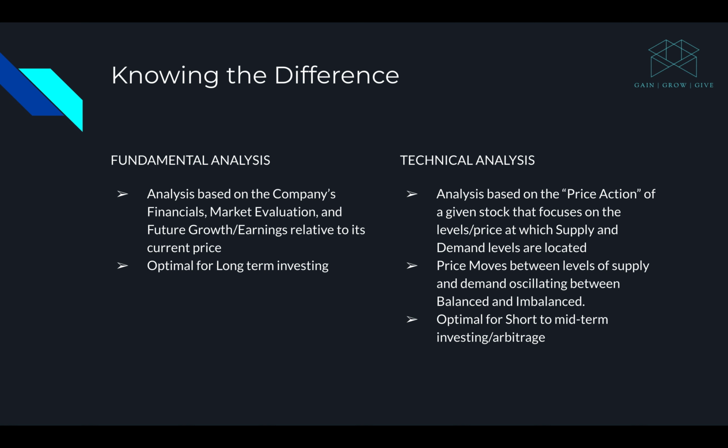This will oscillate. So price will oscillate between levels of supply and demand, creating balance and imbalance between one another. And this is what you see in a chart, just visualized into data and candlesticks and lines, right? So technical analysis is optimal for short to midterm investing or arbitrage. More or less, that is what trading is based off of.